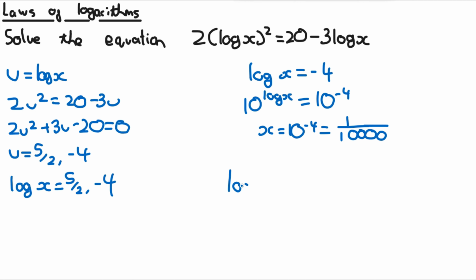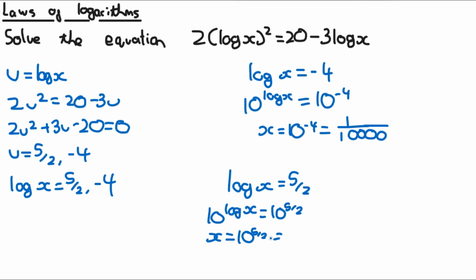Then log x is equal to 5 over 2, so 10 to the power of log x is equal to 10 to the power of 5 over 2, so x is equal to 10 to the power of 5 over 2, which is equal to 316.2 to one decimal place. So x is equal to 1 over 10,000 and 316.2.